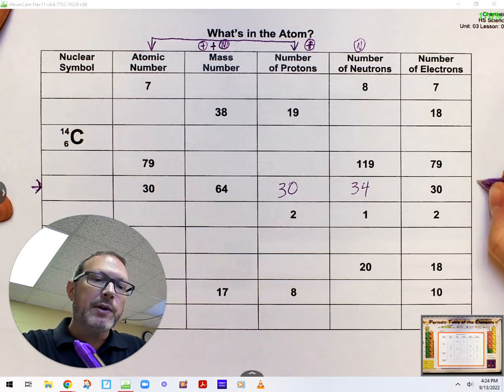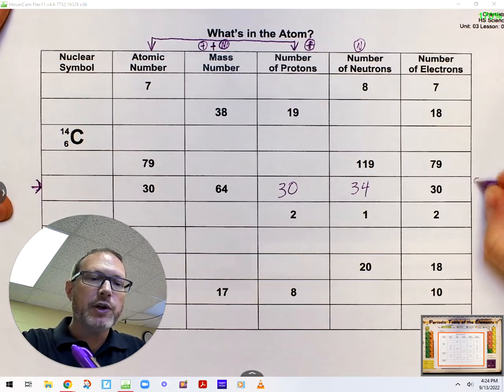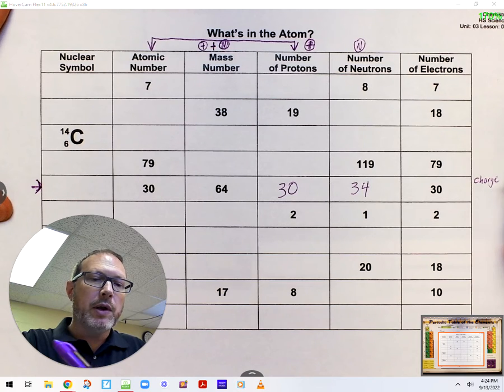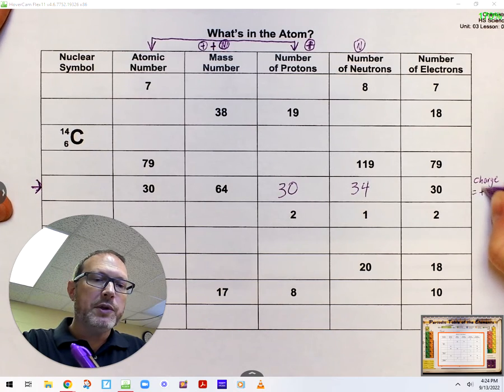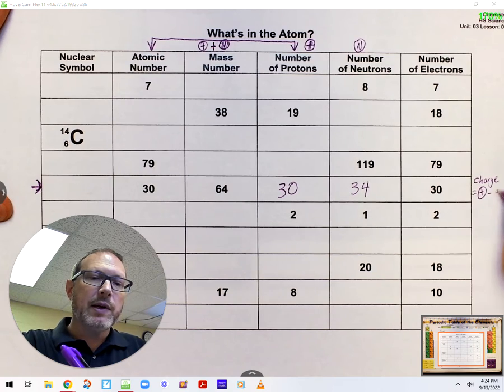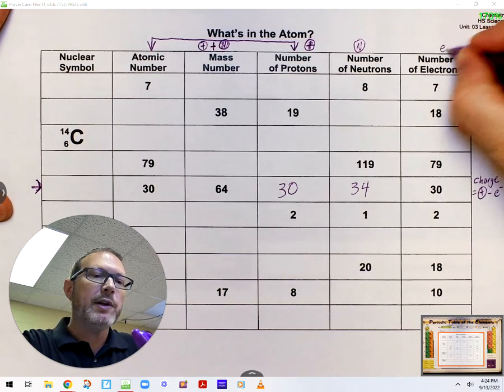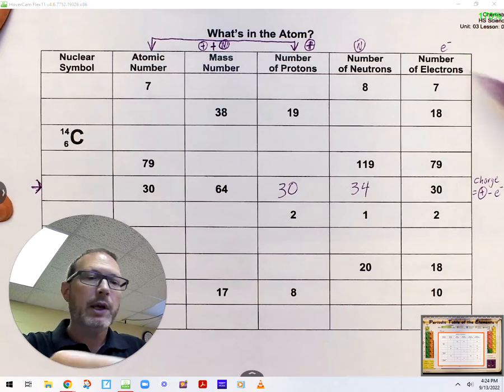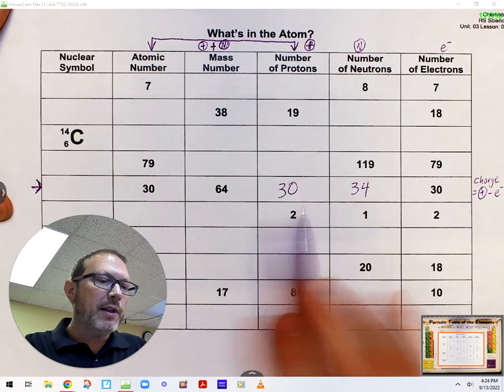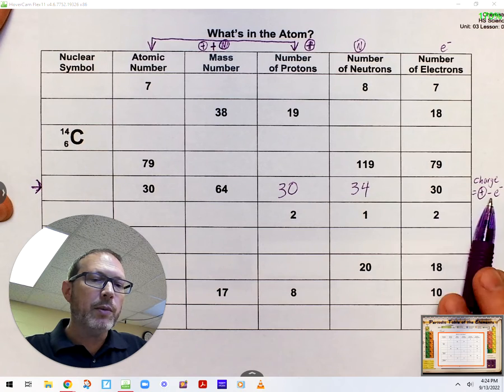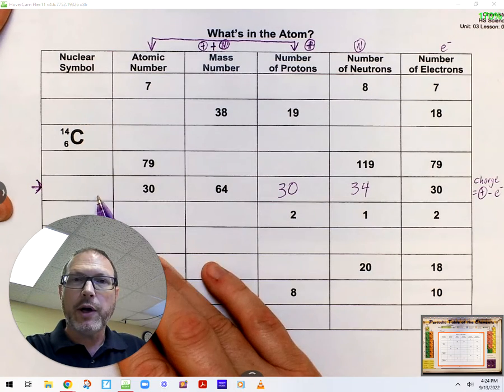Okay, so I'm just going to put that over to the side here. Charge equals protons minus electrons. Okay, and I'm going to put up here electrons, my little E symbol. So since 30 minus 30 equals 0, I'm not going to end up having a charge on my nuclear symbol here.